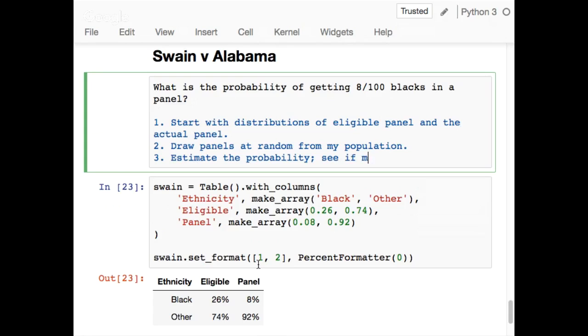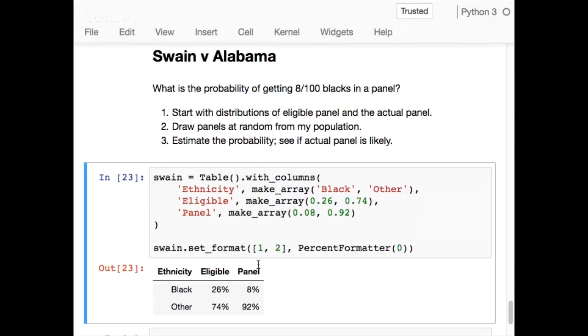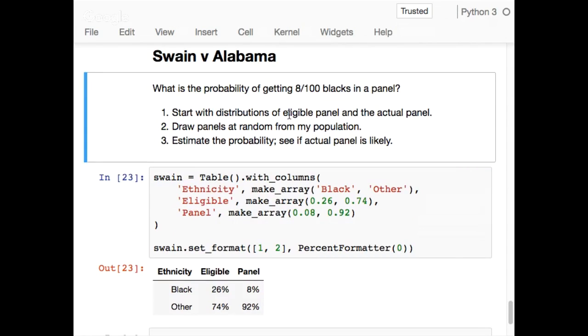See if the actual panel is likely. So that's my 3 high-level steps. This is what we want to do in order to figure out whether this jury was actually selected at random.